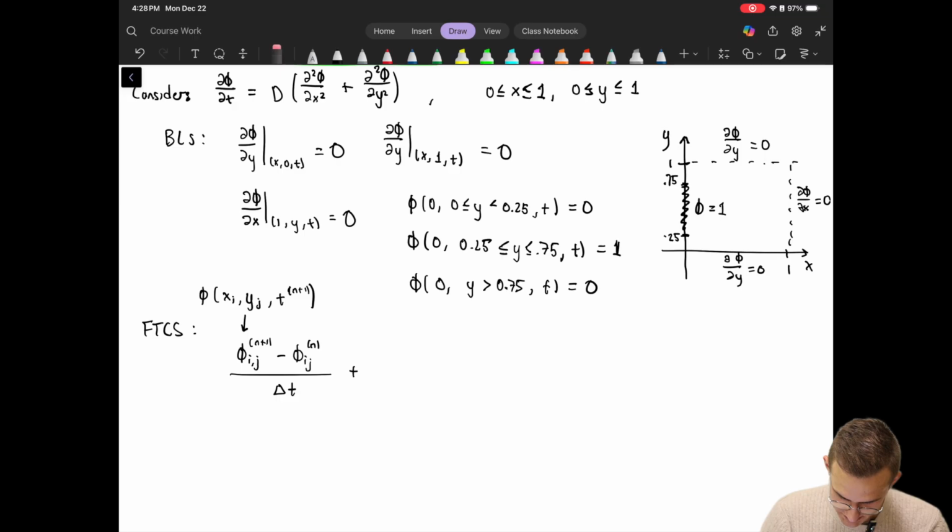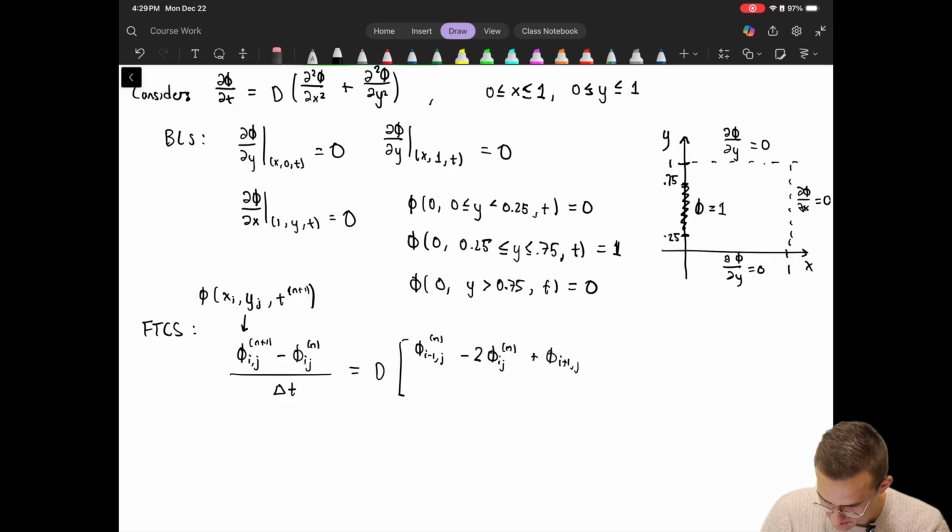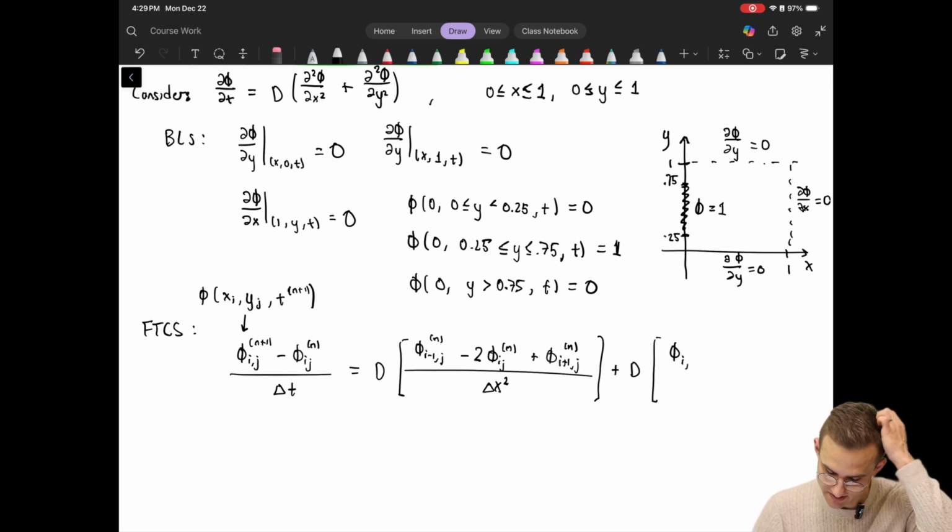So I shouldn't say plus here, I should say equals D times the quantity phi_{i-1,j} at time step n minus 2 phi_{i,j} at time step n plus phi_{i+1,j} at time step n, over delta x squared, plus D times the quantity, so this is that we're solving this centered at point x_i, y_j, or point ij.